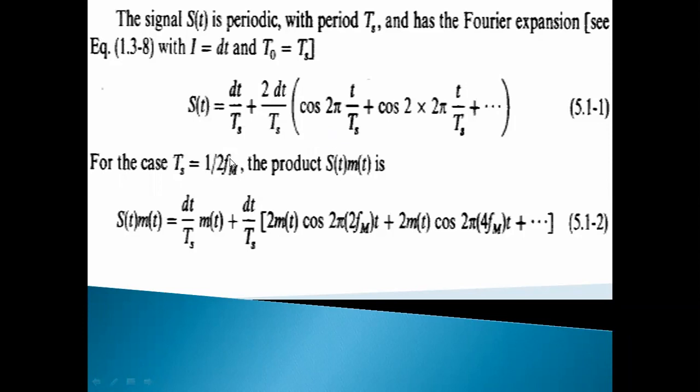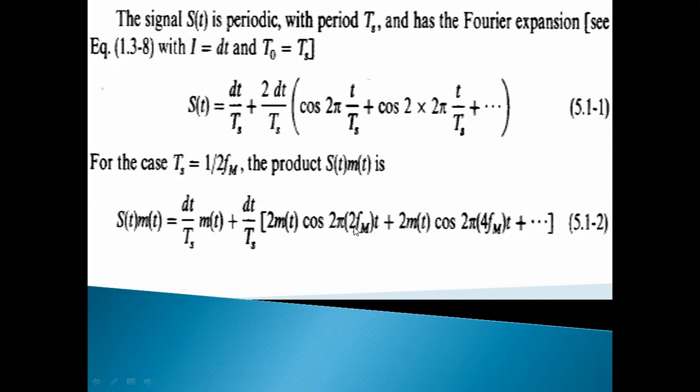if you substitute 1 by 2fm in place of Ts, the product of S of t and M of t becomes dt by Ts into M of t plus dt by Ts into 2 into M of t cos 2 pi 2fm t plus 2 M of t cos 2 pi 4fm t plus 2 M of t into cos 2 pi into 6fm t, like this.